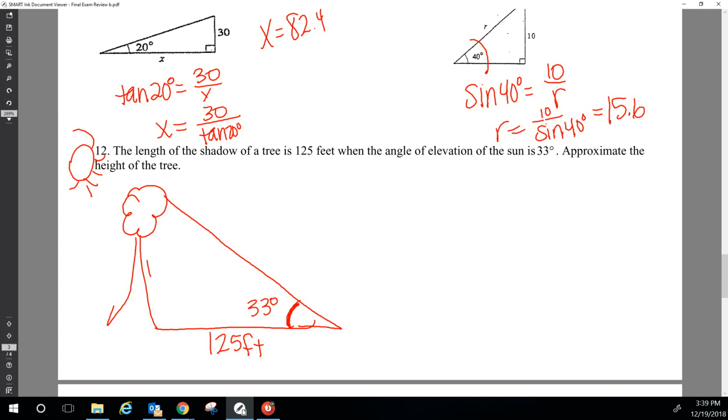Approximate the height of the tree. So what is my height here? I've got an angle measure. I want to know the opposite, and I've got the adjacent. So tangent of 33 degrees would be opposite, which is x, over adjacent, which is 125. So x is 125 tan 33 degrees.